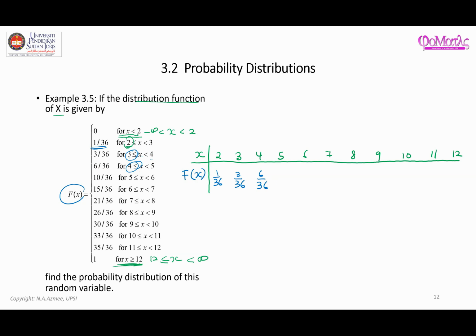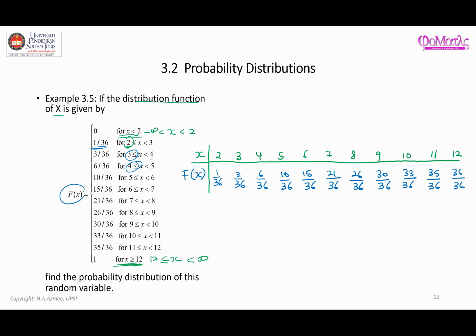I'm just writing down all the results here in a similar manner: 10, 15, 21, 26, 30, 33, 35, and here we've got 1, or you can write down 36 over 36.